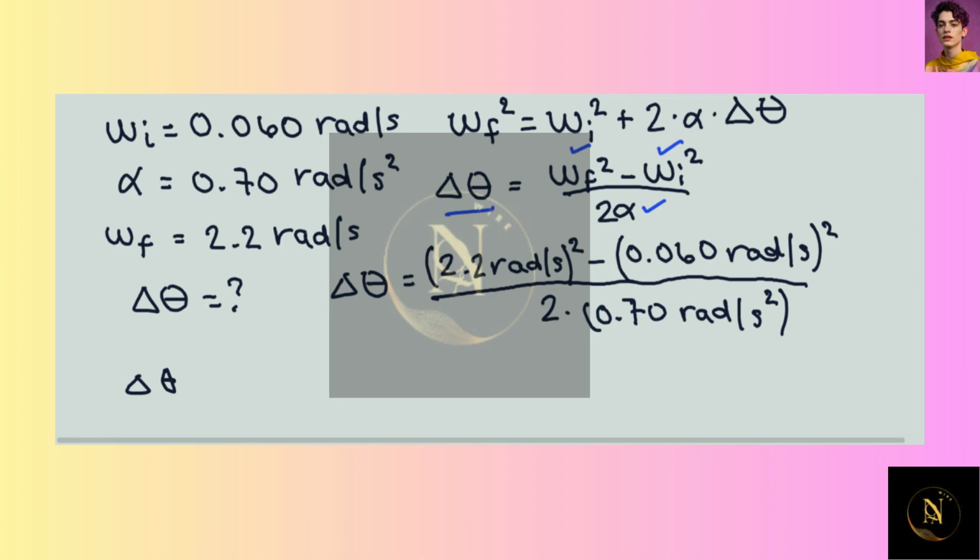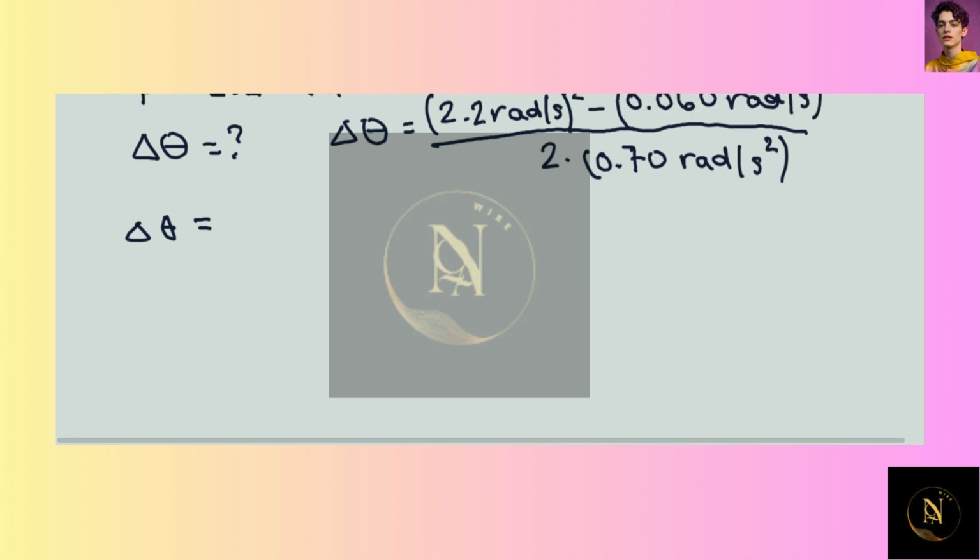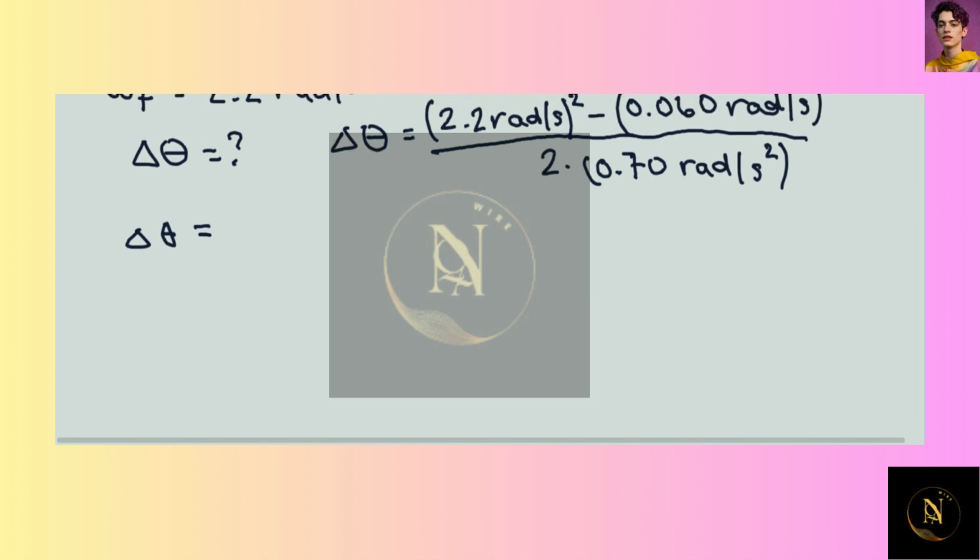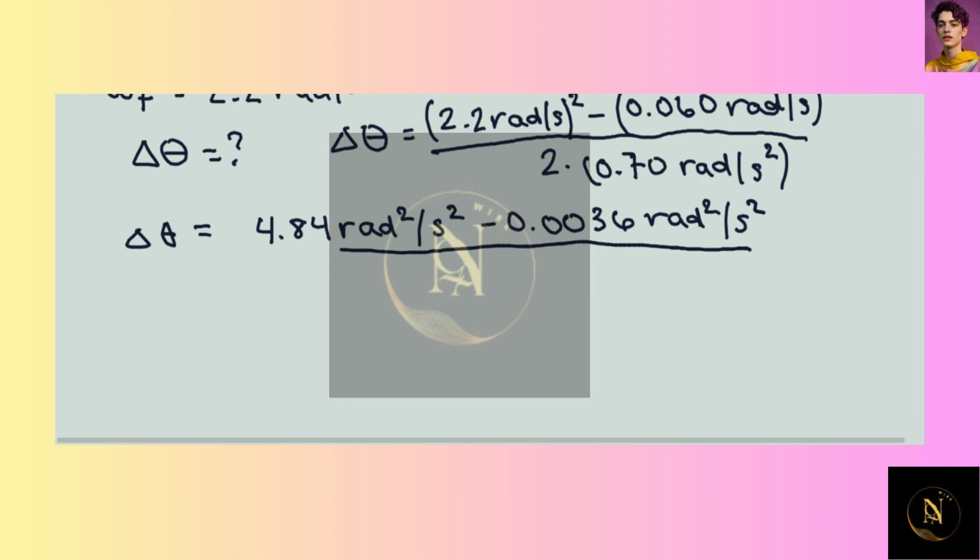So this equals 4.84 radians squared over second squared minus 0.0036 radians squared over second squared, all divided by 1.4 radians per second squared.